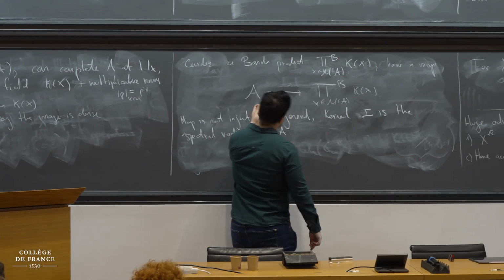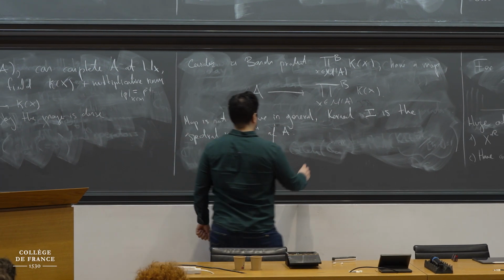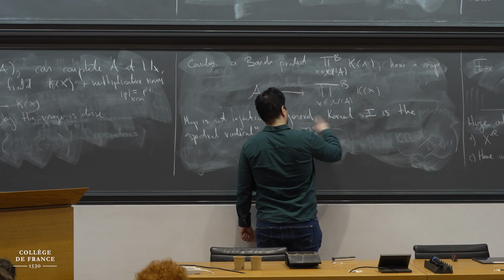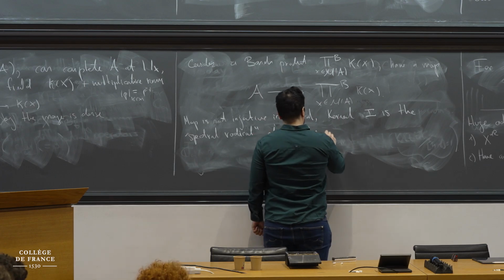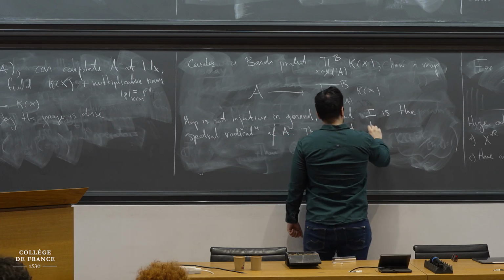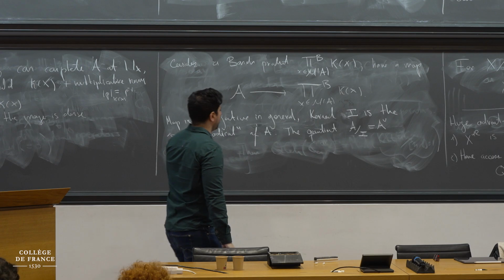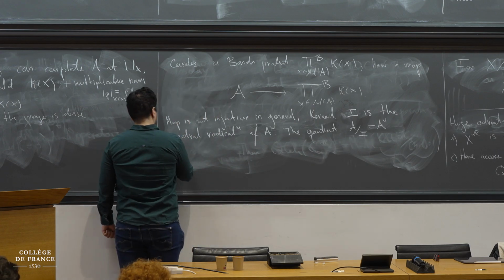So you cannot detect the norm of this just by evaluating the points. And the quotient, so this kernel is of course closed, the quotient A mod I is what we agree with the uniform completion of A.